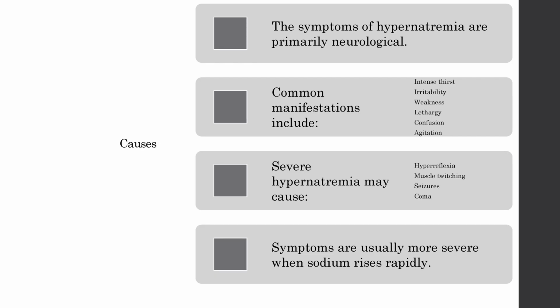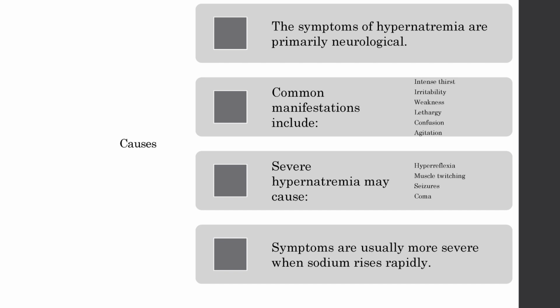The symptoms of hypernatremia are primarily neurological. As extracellular osmolality increases, water moves out of brain cells, causing cellular dehydration. Common manifestations include intense thirst, irritability, weakness, lethargy, confusion, and agitation.